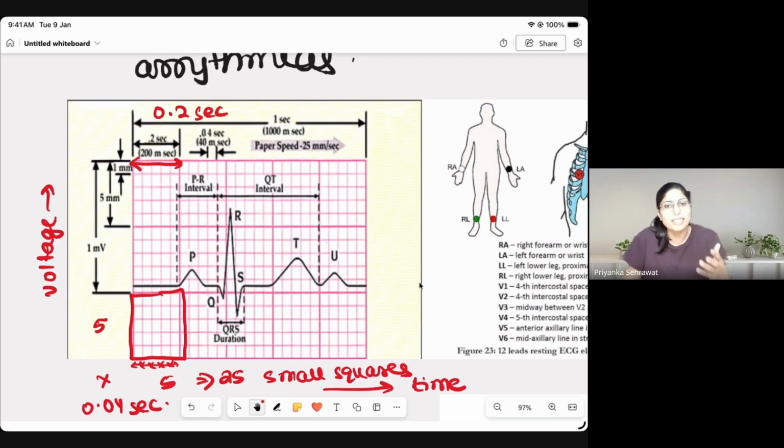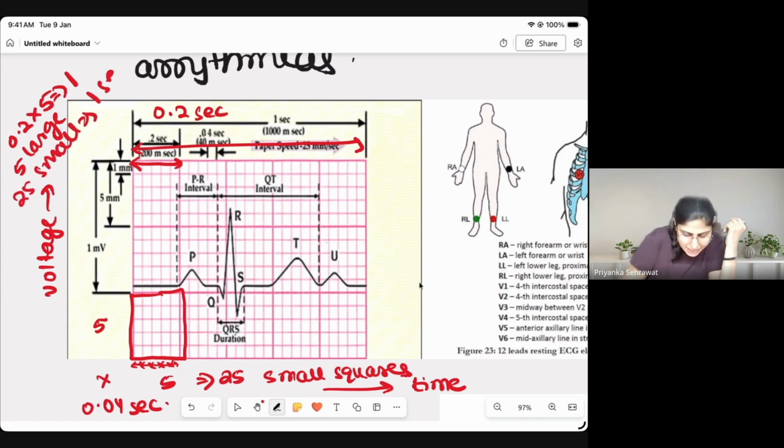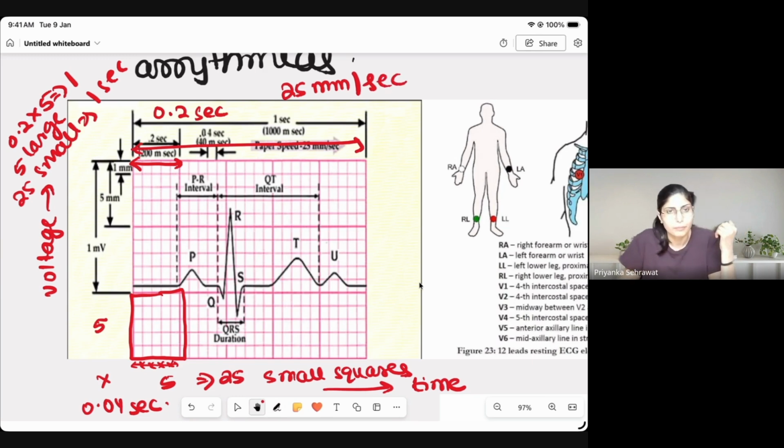Now, what will be 1 second? 1 second will be 5 large squares, right? 0.2 into 5 is 1. So 5 large squares or 25 small squares constitute 1 second, which means that the speed of the paper is 25 millimeters per second.